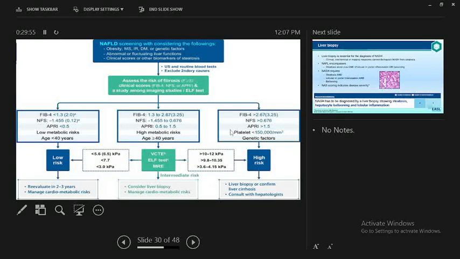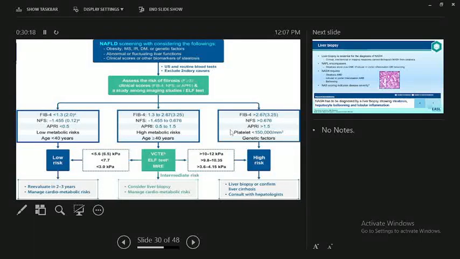Discharge the patient from your clinic and re-evaluate in 2 to 3 years' time. If it is intermediate risk, with the elastography score between 7.7 and 10.35, consider liver biopsy, as well as managing cardiometabolic risk factors.